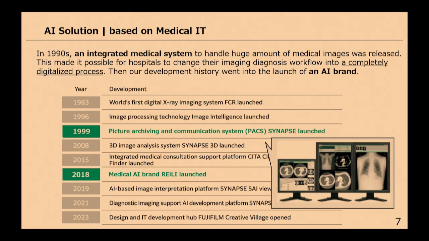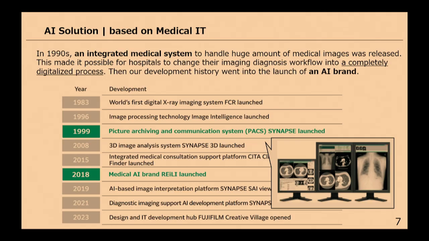We also developed picture archiving and communication systems for medical industries. So that's where hospitals can store all their radiographic images. They can take a radiograph from another hospital and have it displayed at another, as long as they were connected to the PACS system.